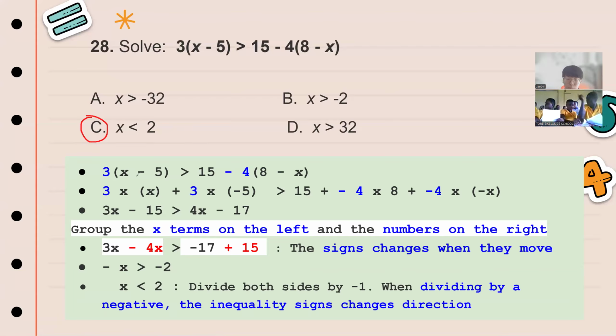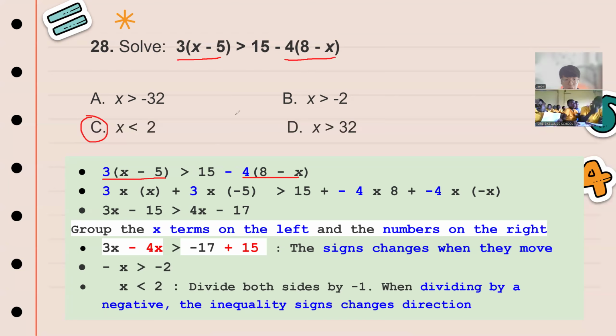This one can be a little confusing, but let's solve through it step by step so that everyone can understand. We're given this. Let's expand these two out first.